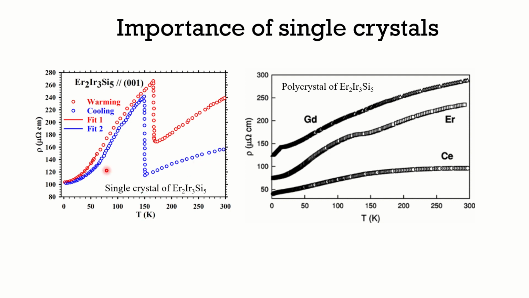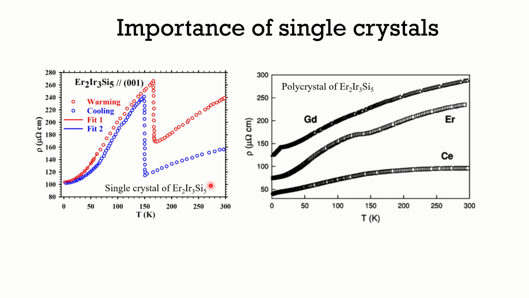This is the cooling data. If I cool, there is a sharp increase in resistivity around 150K for the single crystal. However, for the polycrystal around 150K, there is only a small change in resistivity, no sharp transition, just a continuous change.